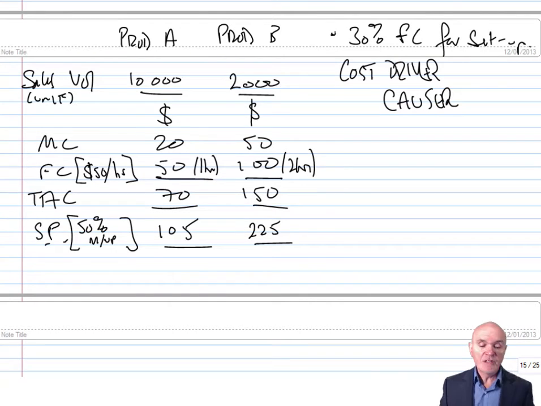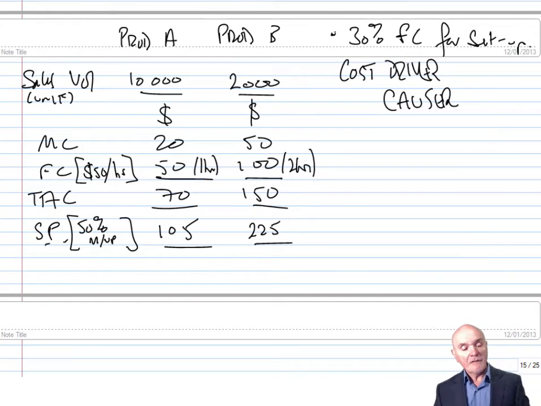I've said that 30% of total fixed costs are for setups. I would assume that the other 70% can still be assigned to products on the basis of machine time. But for the 30% fixed costs relating to setups, we need to find out what these costs are, and then to begin to put them into the products, if you like.